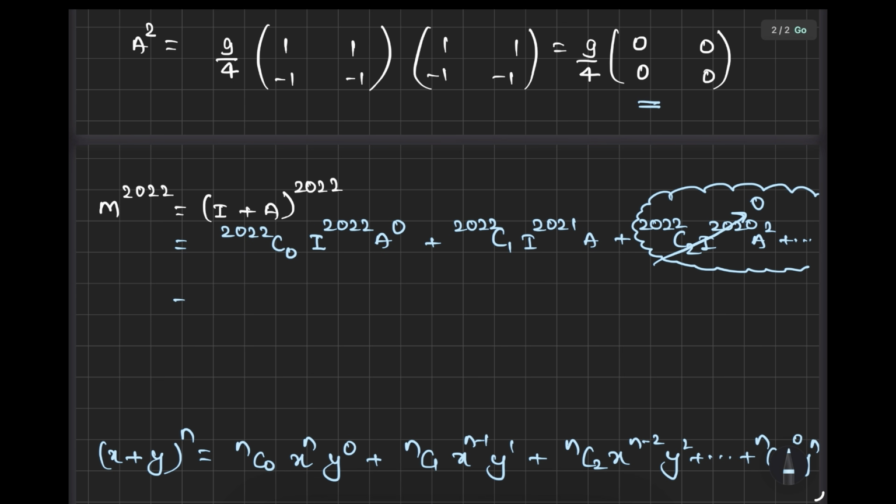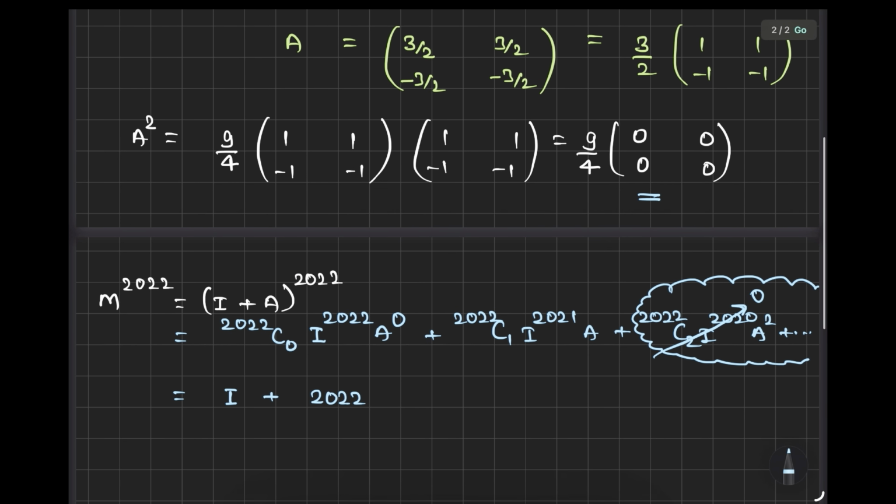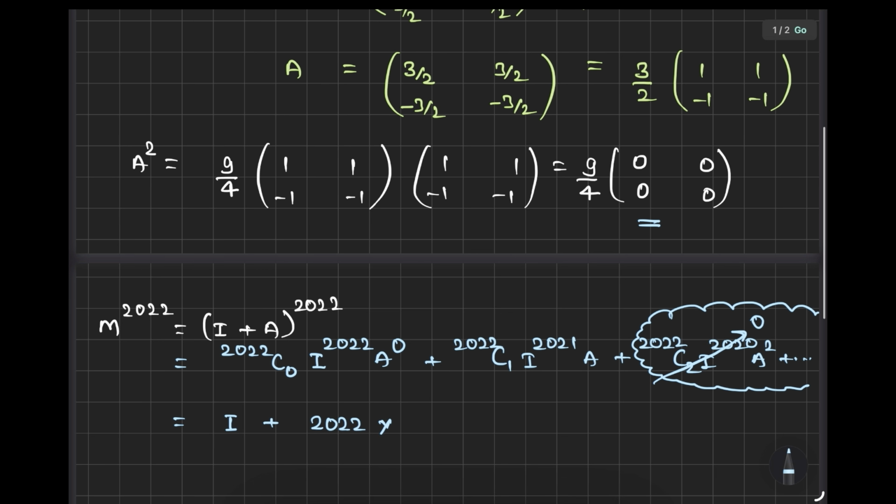Now I to the power anything, identity to the power anything, is an identity matrix, so it's okay. And 2022C0 is nothing but 1. Since we are dealing with matrices, instead of writing 1 we will write the identity matrix. Now 2022C1 is 2022, and I power anything is 1, and then it is A. So who is A? A is 3 by 2 times 1 1, minus 1 minus 1.